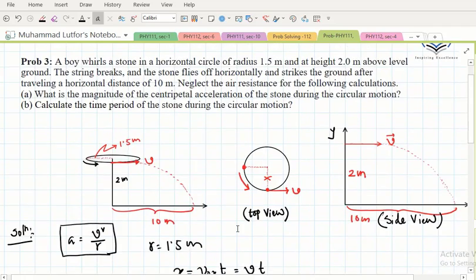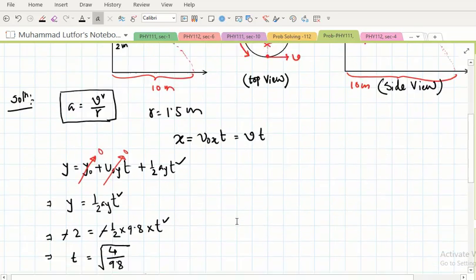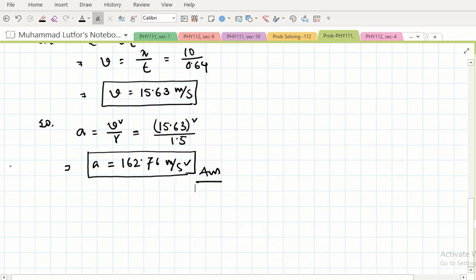Now for part B, calculate the time period of the stone during this circular motion. The velocity in the circular track is distance divided by t.